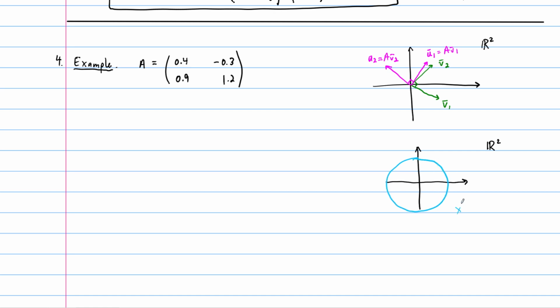This is the set of all points for which x squared plus y squared equals 1, right, just the unit circle. And so these are all the vectors of length 1 in the usual norm, the 2 norm as we call it, right? And so then what are we going to do? We're going to look for two vectors that are perpendicular, or orthogonal, on the unit circle here that map to orthogonal vectors.